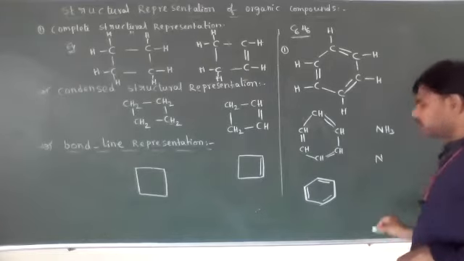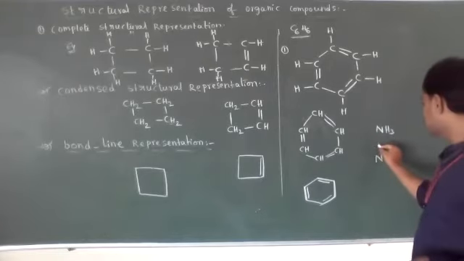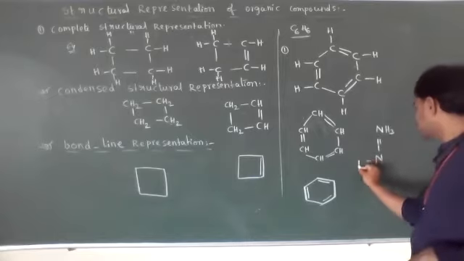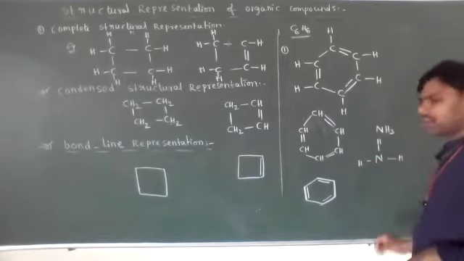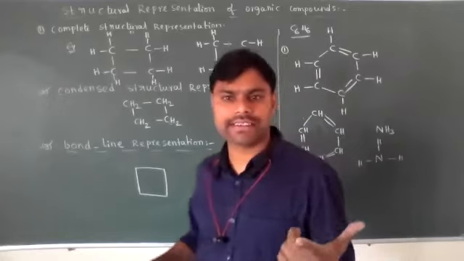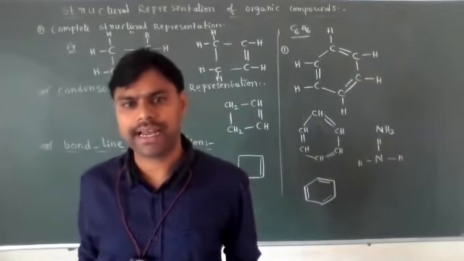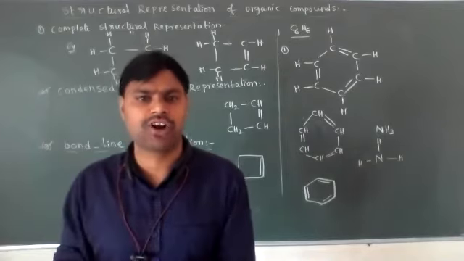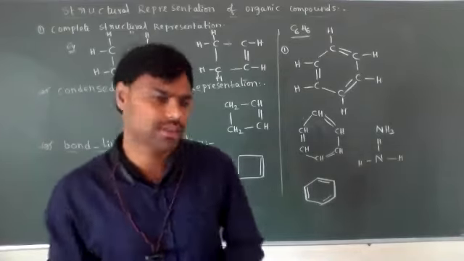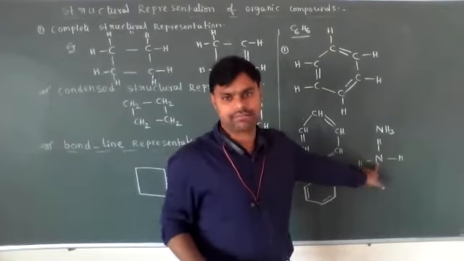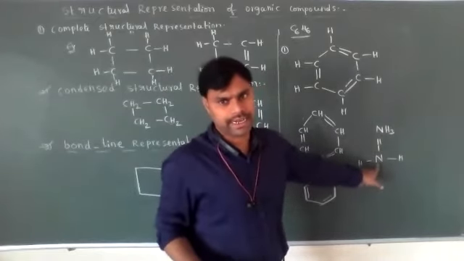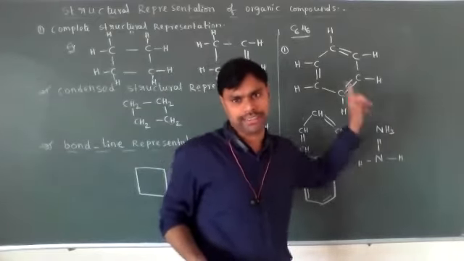Otherwise, nitrogen is bonded with 3 hydrogen atoms. Hydrogen atoms are always monovalent, they form single bonds only. Hydrogen atoms are bonded atoms, and nitrogen is the central atom. Nitrogen is bonded with each hydrogen through a single bond.